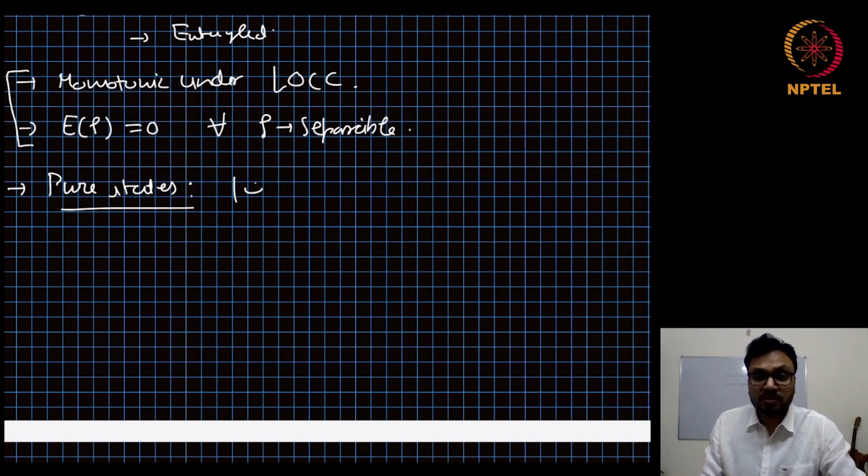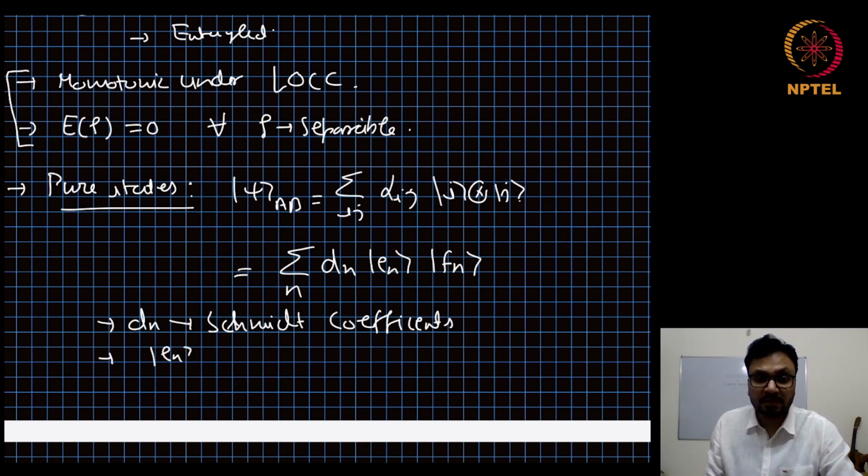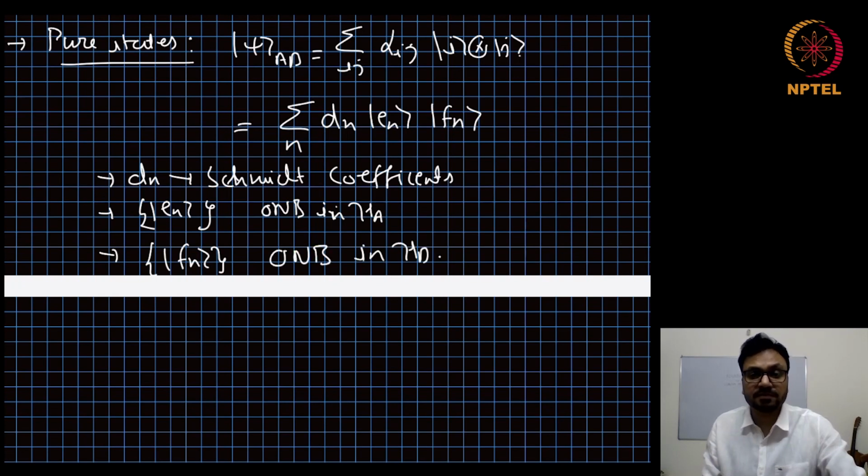A pure state psi AB, we can write as a sum over ij of alpha ij, |i> tensor |j>, and we can write it in the Schmidt decomposition, sum over n of dn |en>|fn>, where the dn's are the Schmidt coefficients, en is an orthonormal basis in HA, the first subsystem, and fn is an orthonormal basis in HB, the second subsystem.